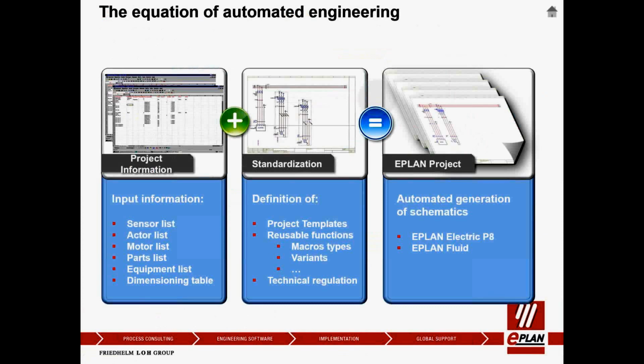And we also have maybe some technical regulations. If we add these two together, we can then start to produce automatically generated schematic sheets. By grabbing the information of the sensor list, the actuator list, the motor list, and so forth, and mapping to that the different macros that are to be used, we can then spit out a project from this. So that's what we're trying to achieve here.